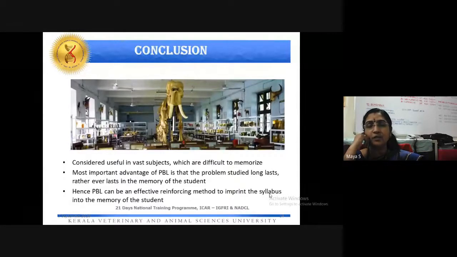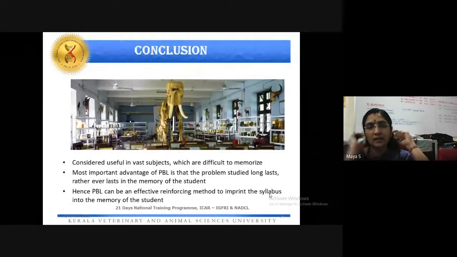So we can expose the students even during the first year to the real life situations so as to improve their knowledge. We can give ill-defined problems so that they on their own find out the learning objective and study by self-learning. So this kind of learning will be especially useful when the curriculum demands vast quantity of the subject to be covered during a particular semester, and the student has got only a limited period of time.